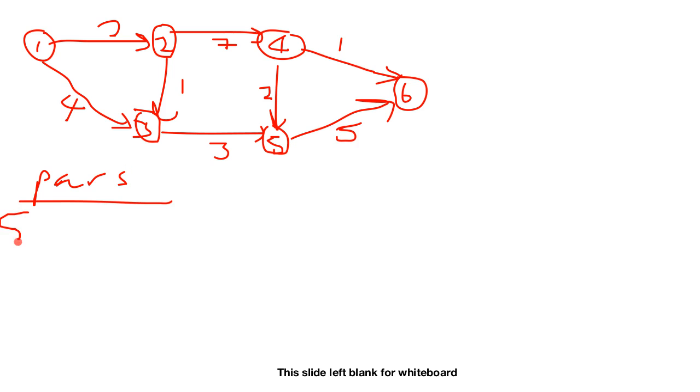And we can say the selected vertices is equal to 1, 2. Then the next selected vertices is 1, 4.